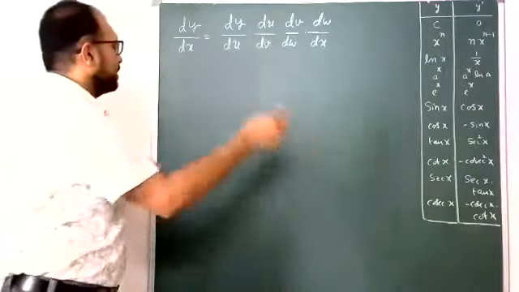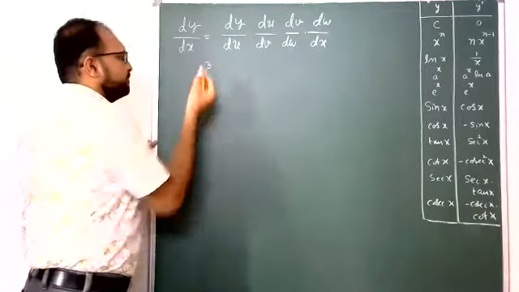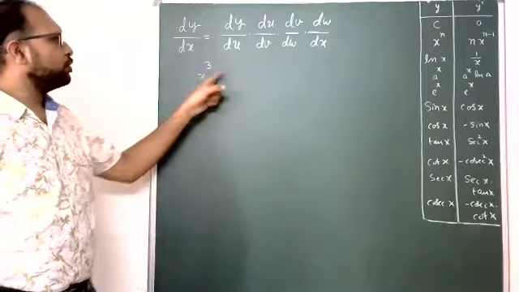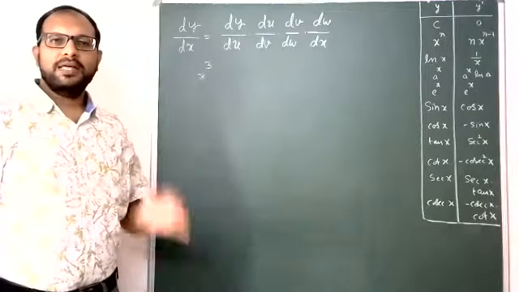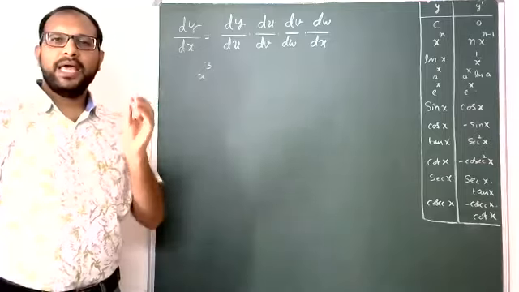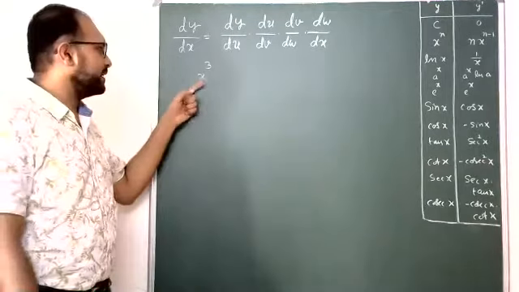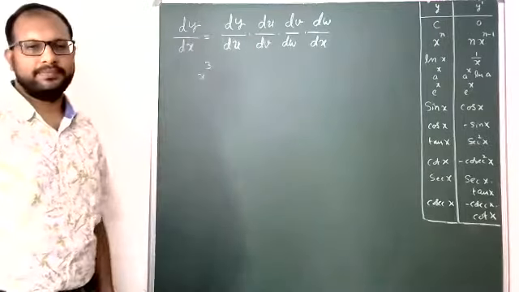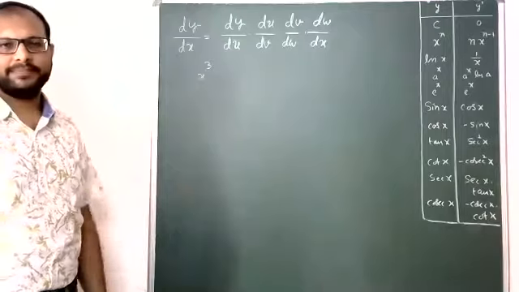Students, the derivative of x cube is simple, because of the x to the power of n formula, n means here 3, that's why 3 into x to the power of 3 minus 1, that is 3x square. Its derivative is 3x square. This is direct from the x to the power of n formula.